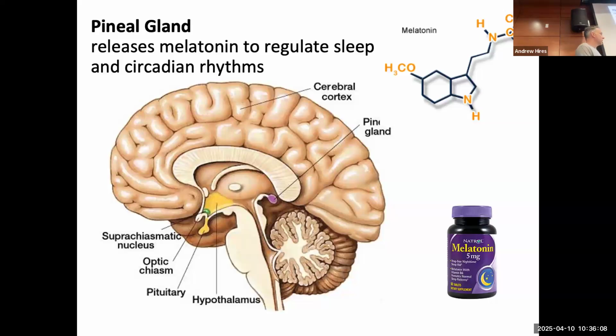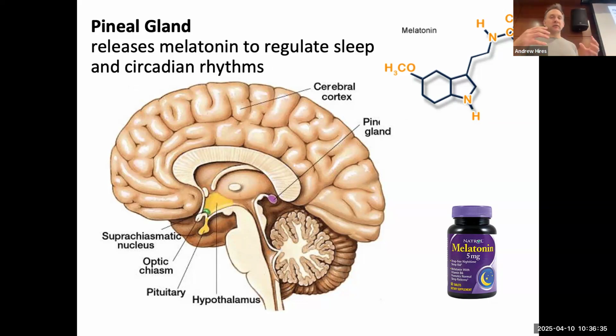Melatonin levels fluctuate, with higher melatonin at night, and play a role in regulating sleep initiation and maintenance. Melatonin is really just a modified amino acid, and the duration of the night impacts how much melatonin is released and how long it is released.